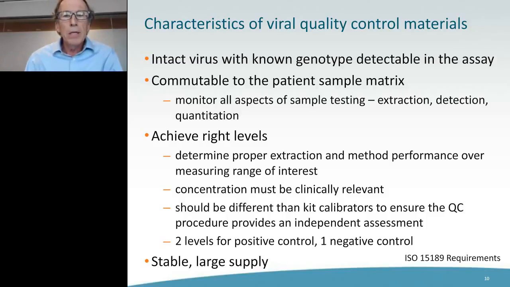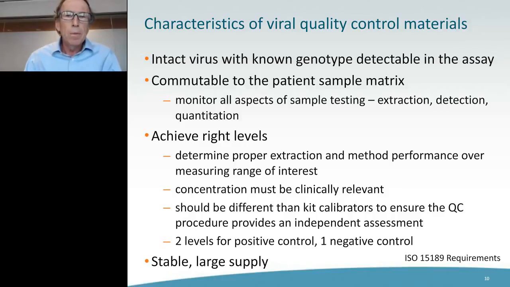By knowing the genotype, it provides additional information that you need for drug therapy. We also want to make sure that the control is commutable, the same patient matrix as the sample. This allows you to monitor all aspects of sample testing, from extraction to detection to quantitation.